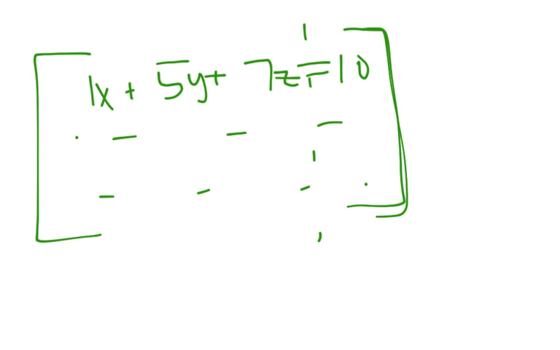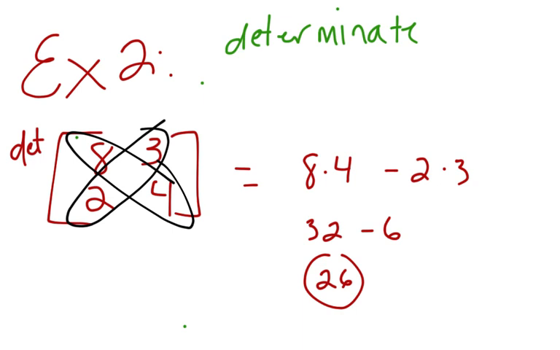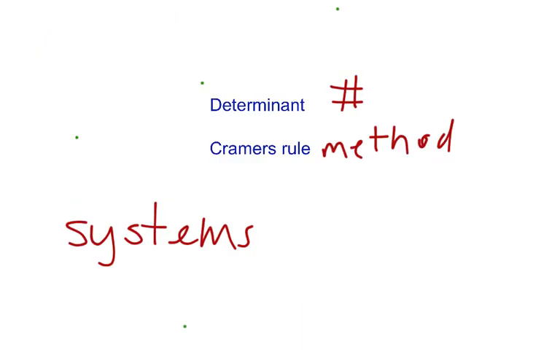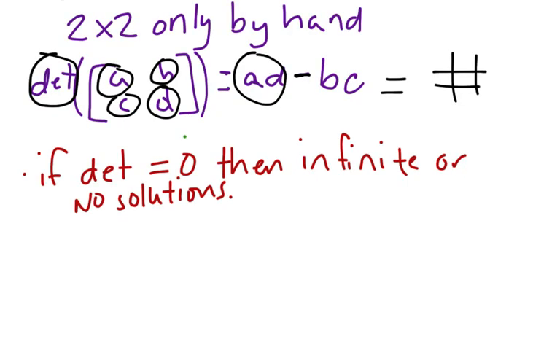All right, I hope this is a little bit helpful. Reminder, let's go back here, the determinant is a number. Cramer's rule is a method to solve, and you need the determinant in that method. The 2x2 is the only one you need to do by hand.